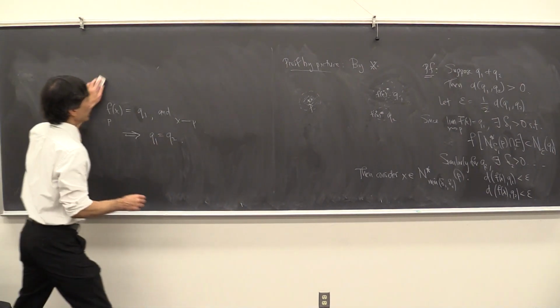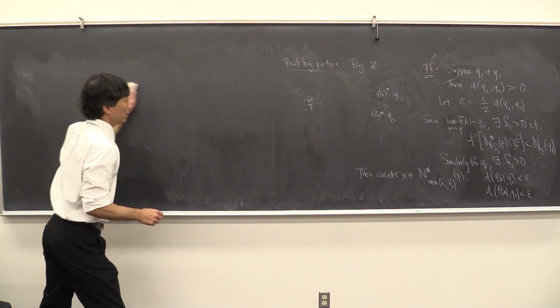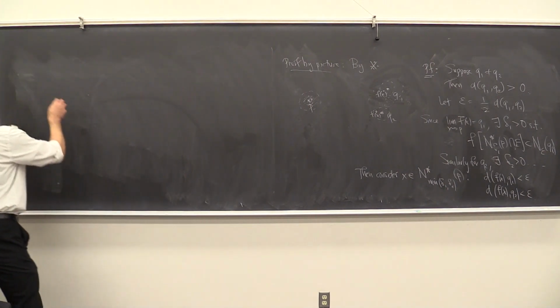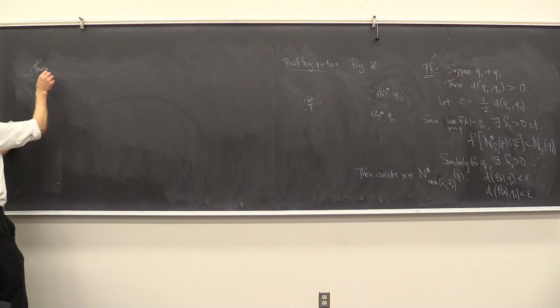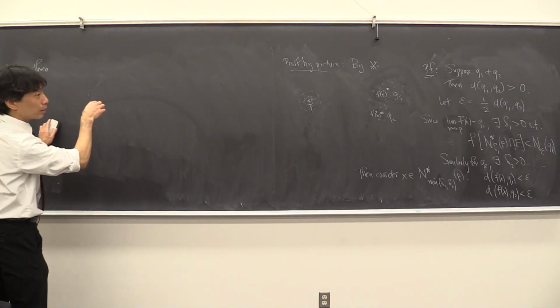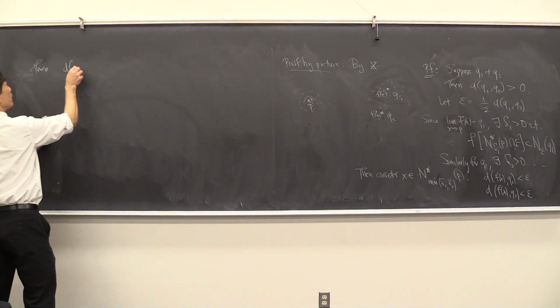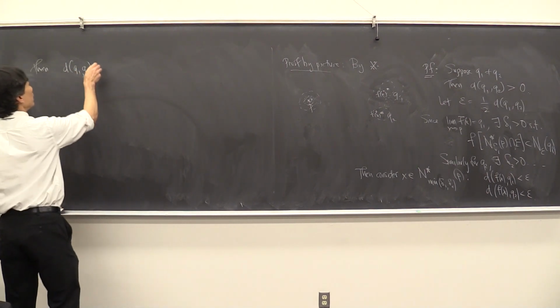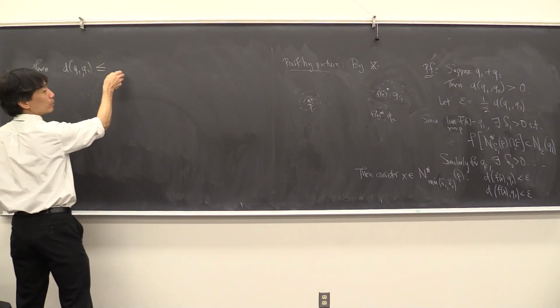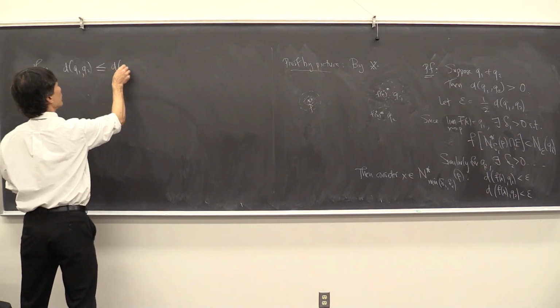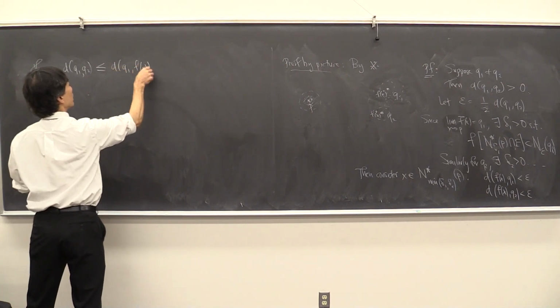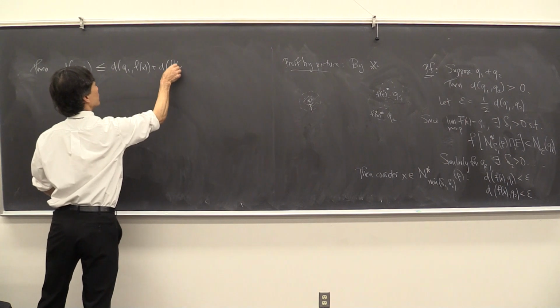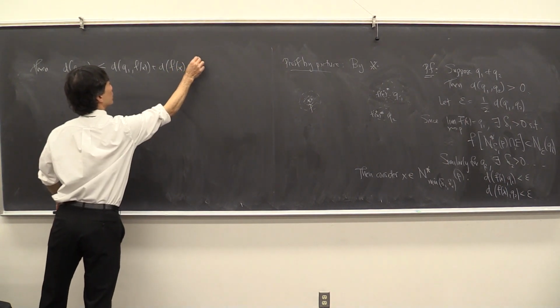Let me spell out the contradiction. Then the distance of Q1 to Q2, by the triangle inequality, is smaller than the distance of Q1 to f of x plus the distance of f of x to Q2.